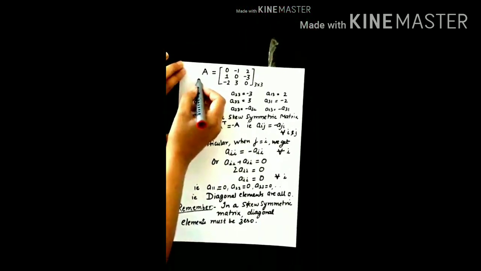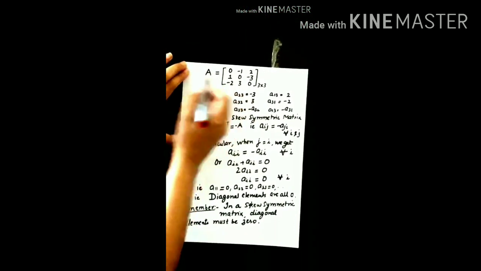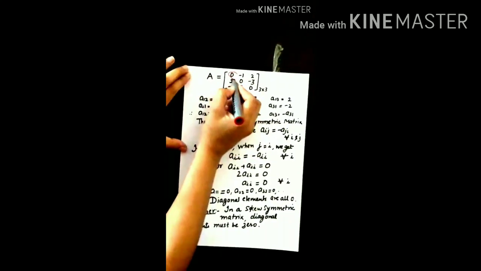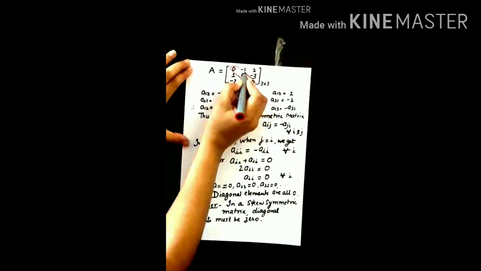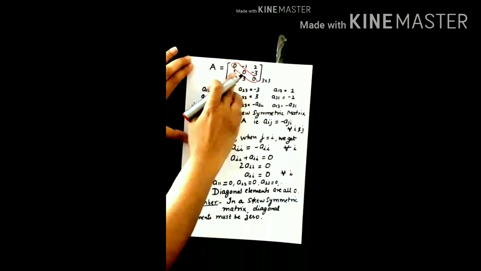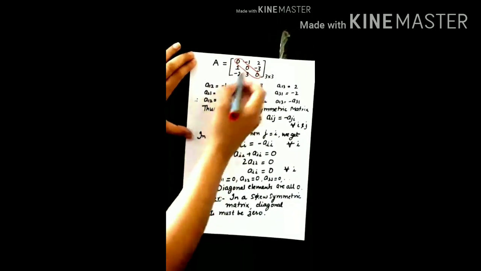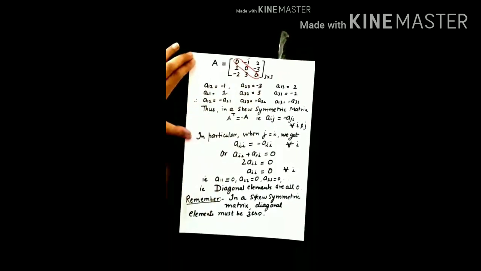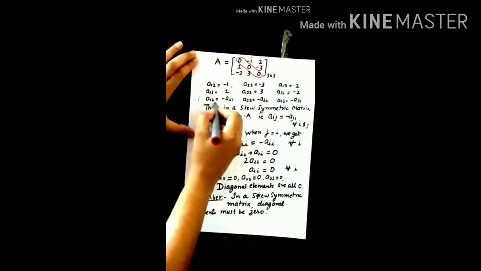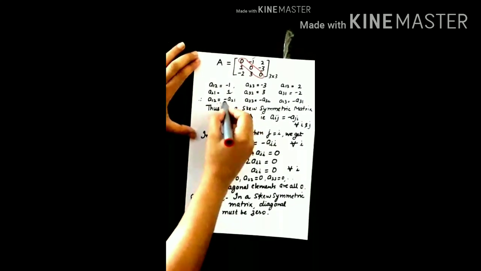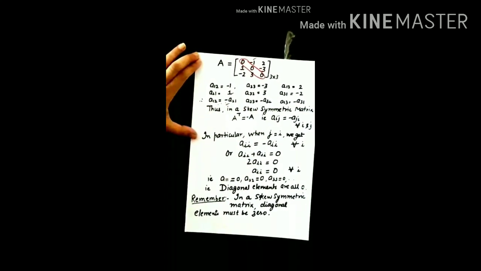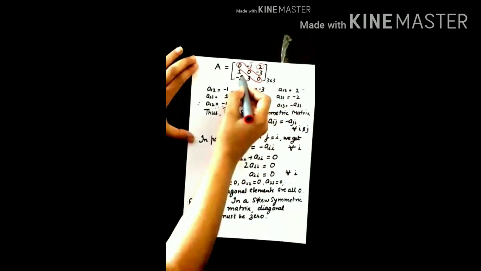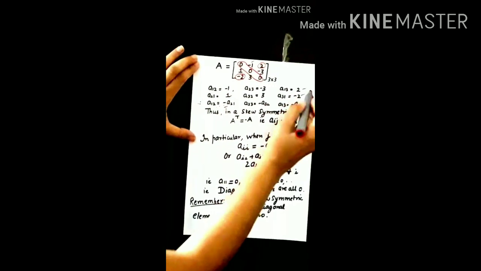Just now we have seen that this A is a skew-symmetric matrix. Now look here. These are the diagonal elements. Here in this matrix, A12 is minus 1 and A21 is 1. So A12 is equal to negative of A21. Similarly, A13 is 2 and A31 is minus 2.